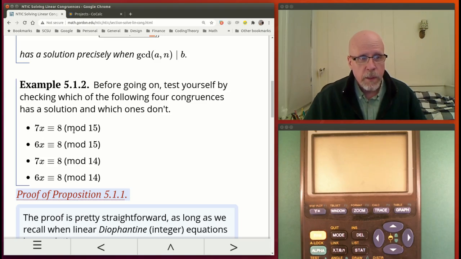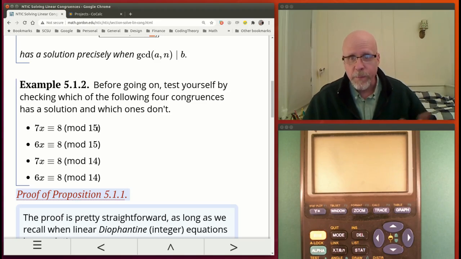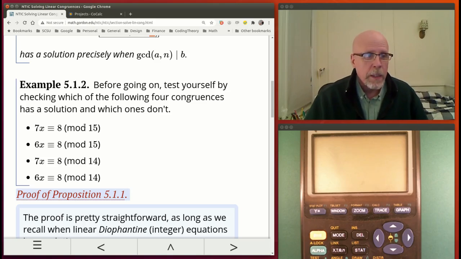Now, 7 and 15 do not have a common divisor, or if you like, their GCD is 1. And does 1 divide into 8? Yeah. So according to that proposition, this should have a solution. I'm not spotting one right off, but I believe it has a solution.